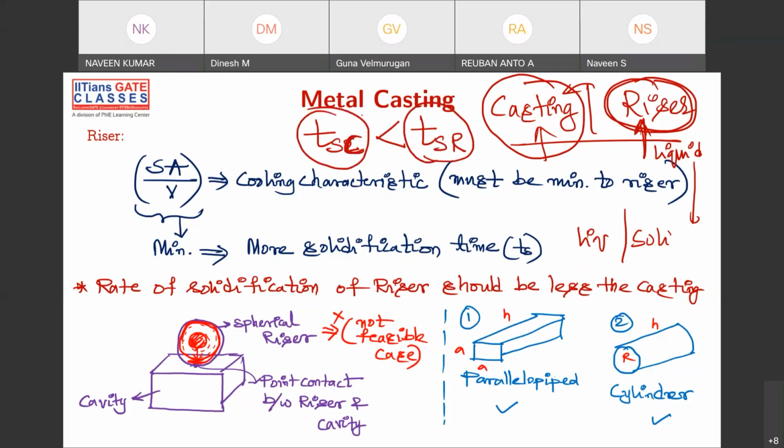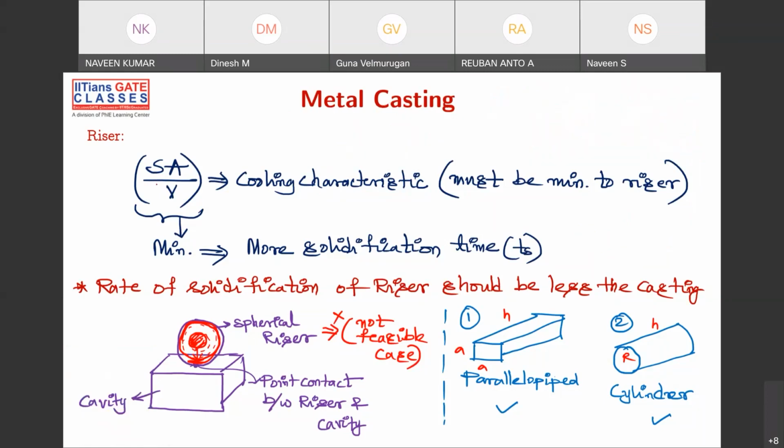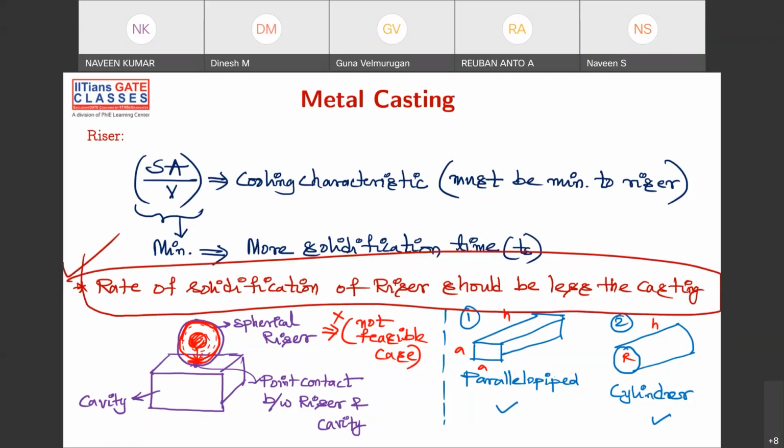Then only, after the casting solidifies, if there is some shrinkage, the riser can happily provide that liquid. Please do remember that. So you have to design the riser to solidify as slowly as possible. That is this point: the rate of solidification of the riser should be less than that of the casting.